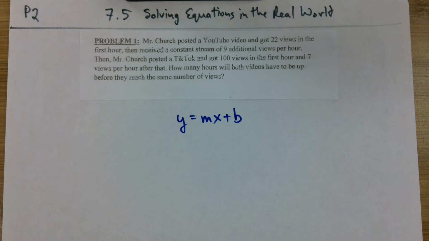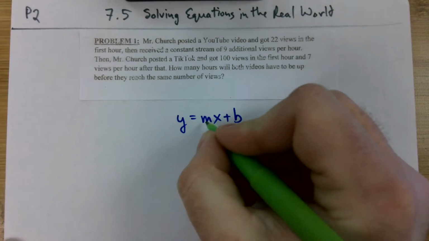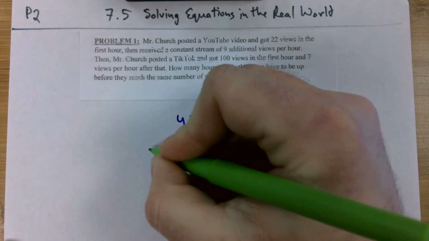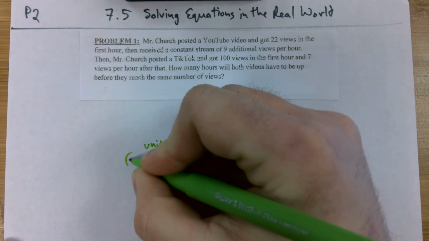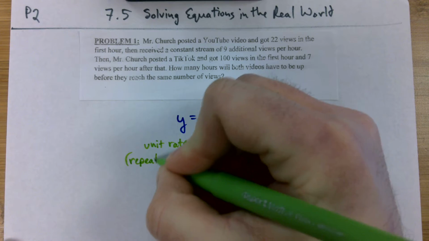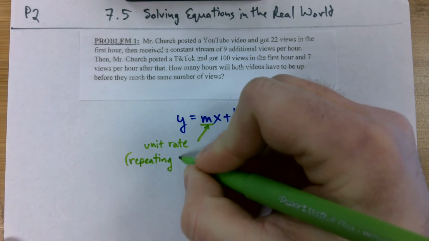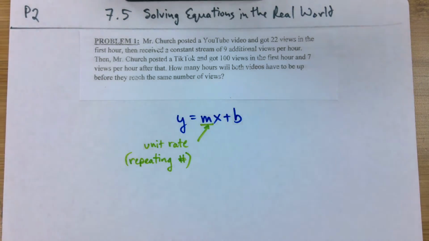And if you remember back to our unit rate lesson, which I'm sure we all do, m is going to represent our unit rate, or our repeating number.